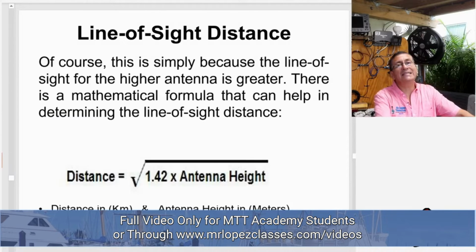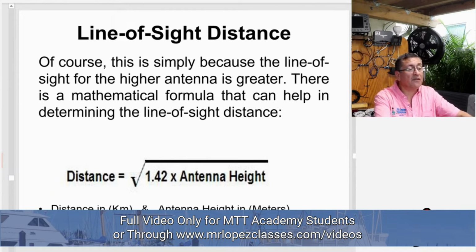Line of sight distance. This is an important calculation. How much is the maximum distance that I have? Of course, it depends on how my antenna is located on my boat and where the tower is located at the radio station. Of course, this is simple, because the line of sight of the higher antenna is greater.